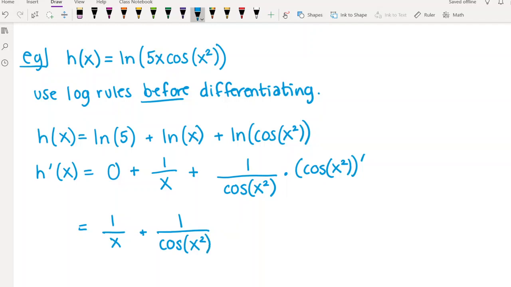And then what's the derivative of cosine of x squared? Well, we have to use the chain rule again, so now we're just focusing on this part. The derivative of cosine of x squared is going to be negative sine of x squared, that's the outside part of the derivative, times 2x, that's the inside part of the derivative.